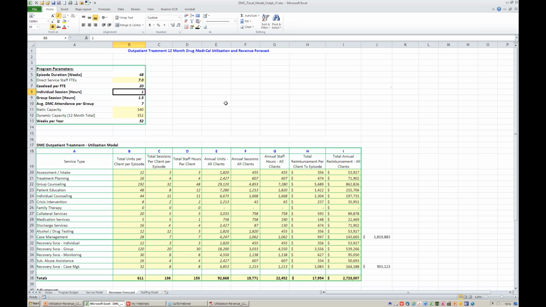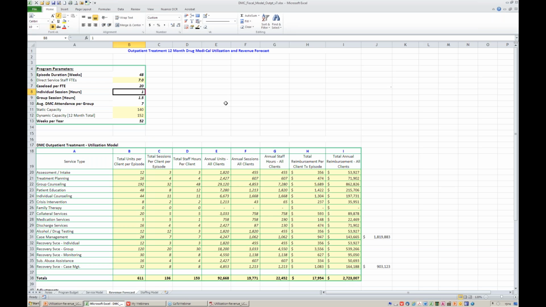So that's the static capacity. An easier way to think about it is in a residential setting or even NTP. You're licensed for a limited number of slots or a limited number of beds. So you've got a 10-bed facility.